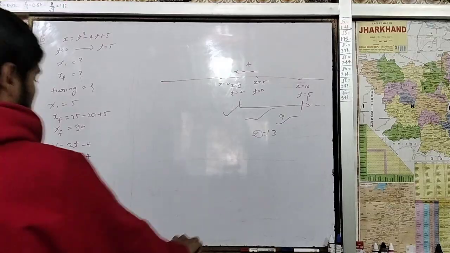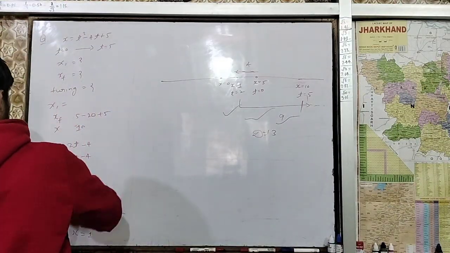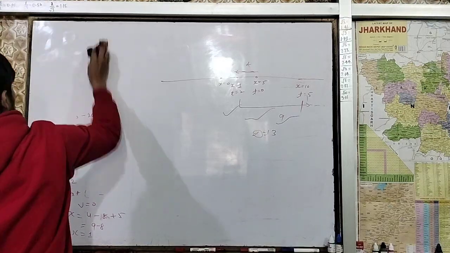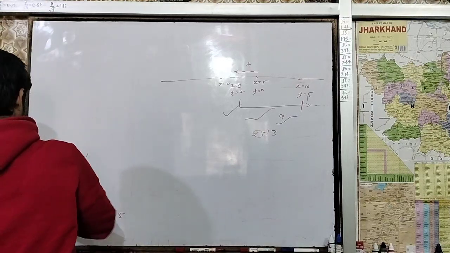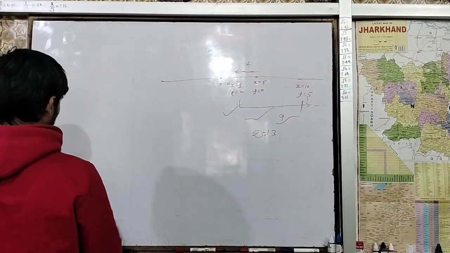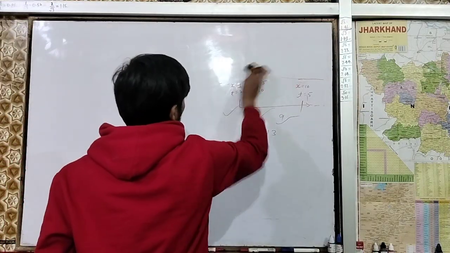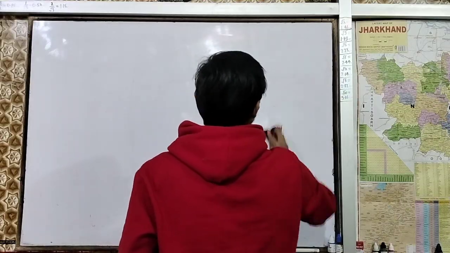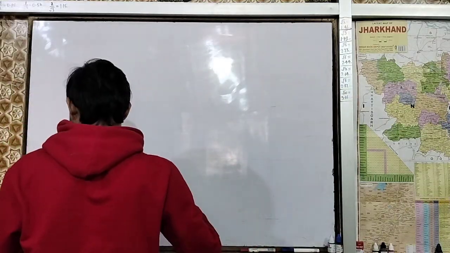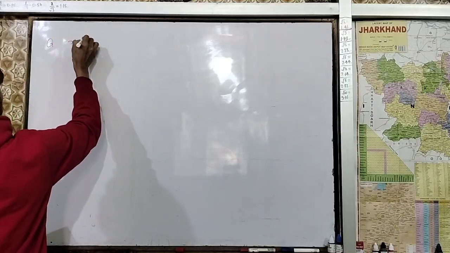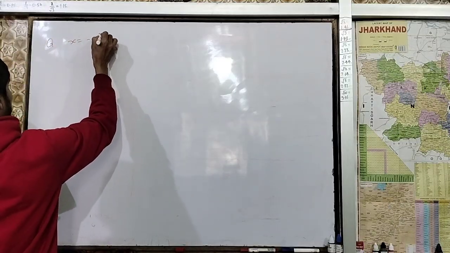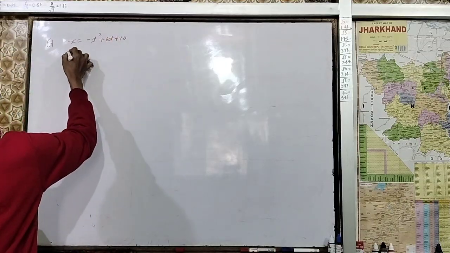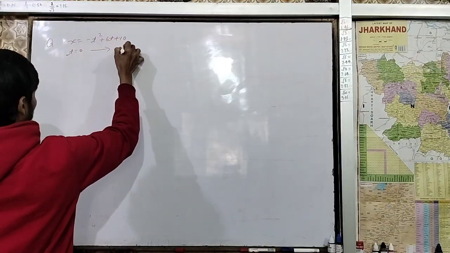Now next question. Let's say x is minus t square plus 6t plus 10, from t is equal to 0 till t is equal to 5.